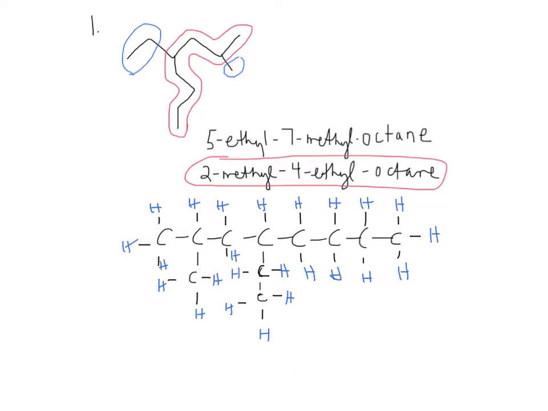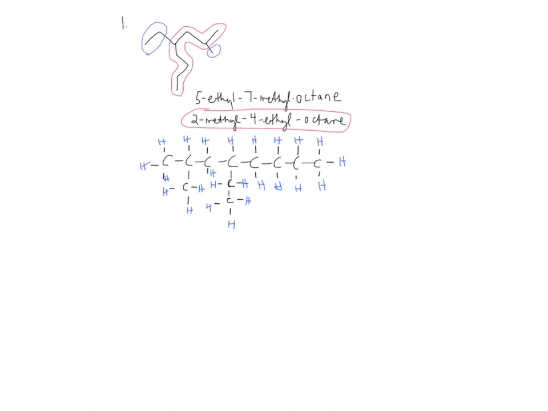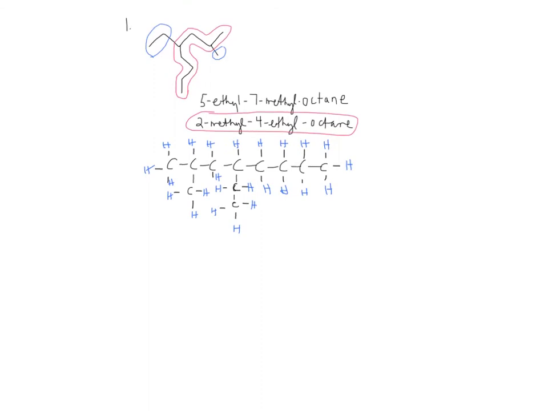And finally we could write out the molecular formula. Oh no, wait, we want to do the condensed formula next. So the condensed formula, you write out the main chain and then put the substituent groups on it.